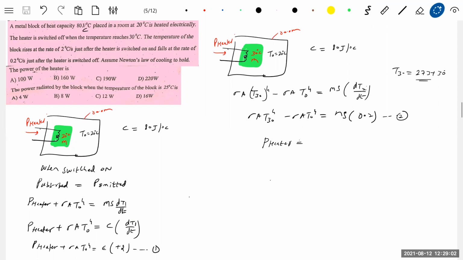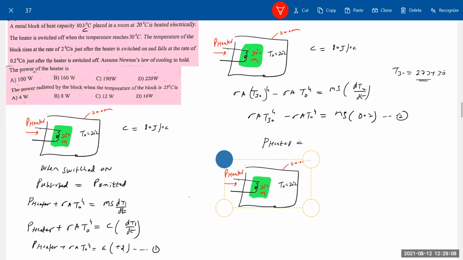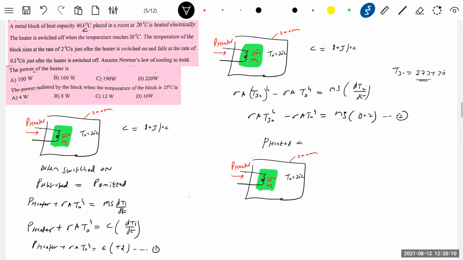Next, the second part, when the temperature of the block is 25 degrees Celsius.